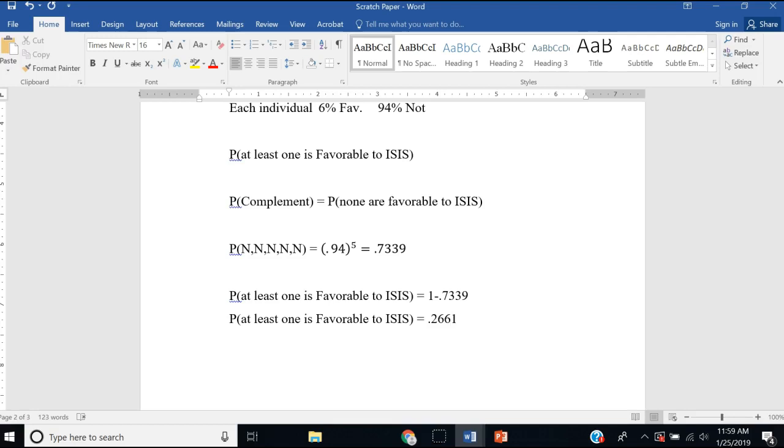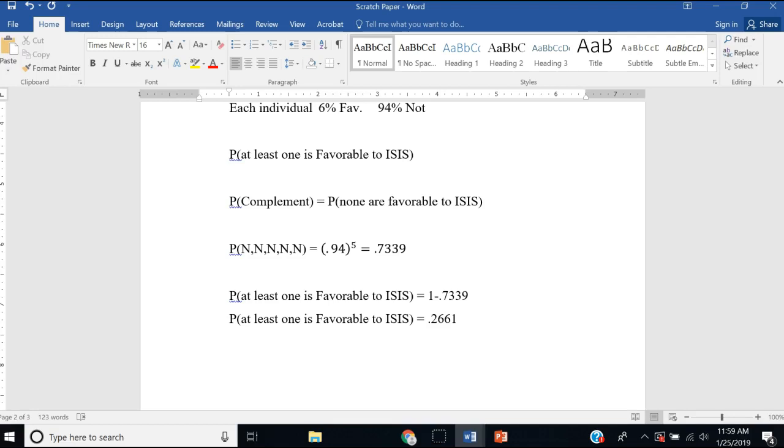So this is how it works, right? We have this trait that's not a very common trait among Palestinians. 6%, the vast majority of Palestinians don't like ISIS, but 6% do.